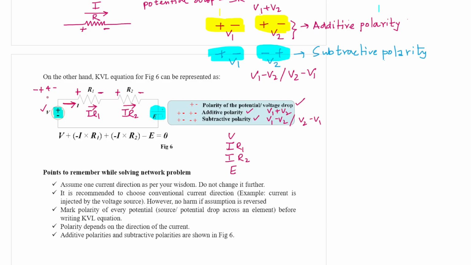They are not additive. Now if you consider IR1 and IR2, they are additive polarity because they are arranged plus minus, in additive fashion.